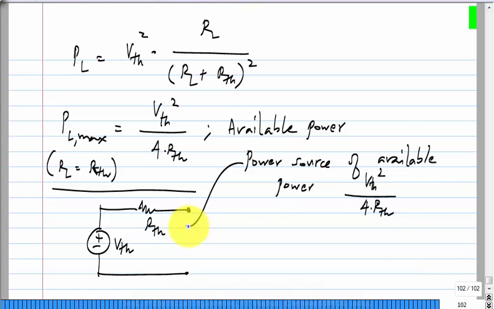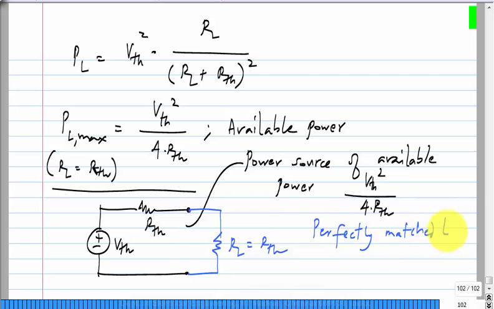Now, if you match it perfectly, for a perfectly matched load, the load absorbs the available power. If I call this whatever power is available, it absorbs it.